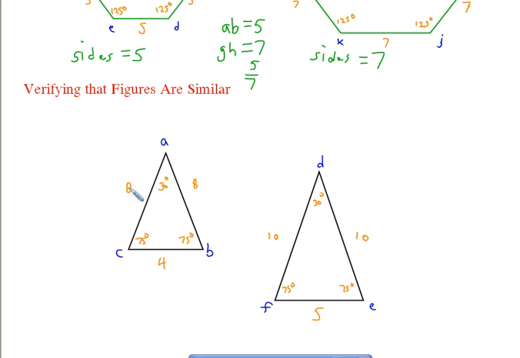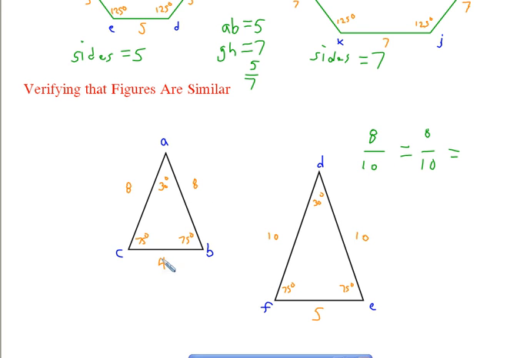To make sure these are similar, the first thing is the angles. Now I look at the sides. Here I've got 8s over here, and then I look at the corresponding side, and that's going to be a 10. Now I look over here, I've got an 8 and a 10 again. All these form ratios, and these two ratios are equal.